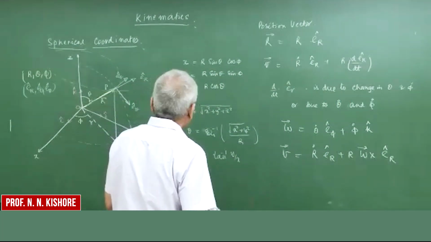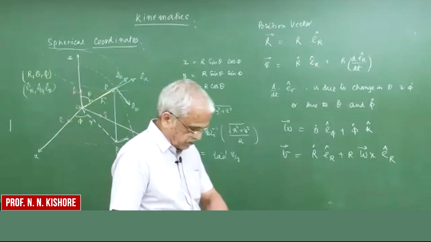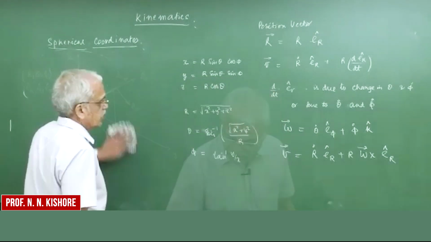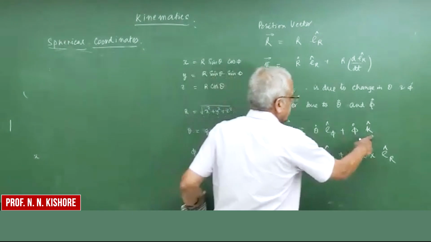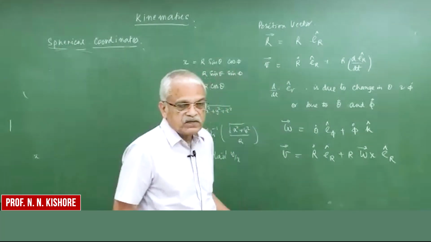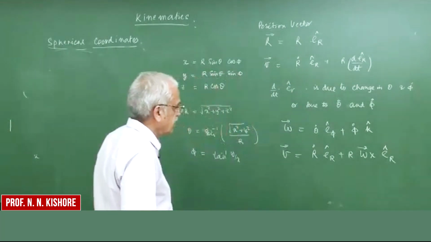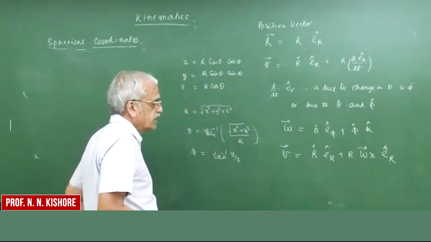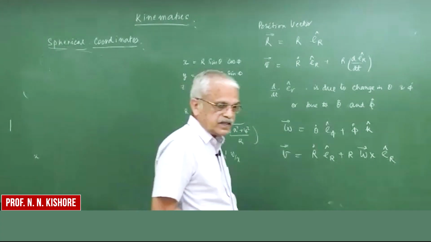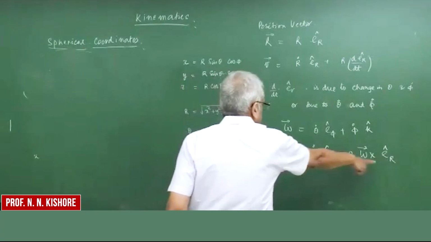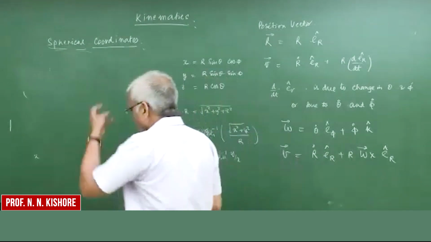So what we need is the relationship between the unit vectors i, j, k and e r, e theta, e phi, because that's what we want to convert.